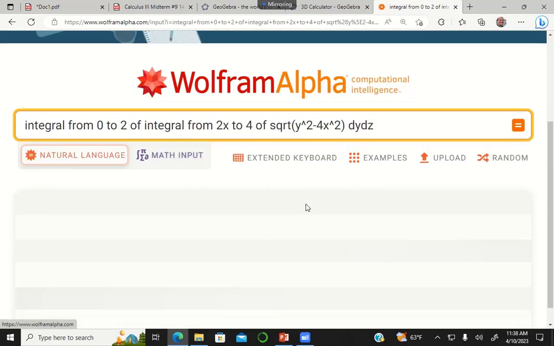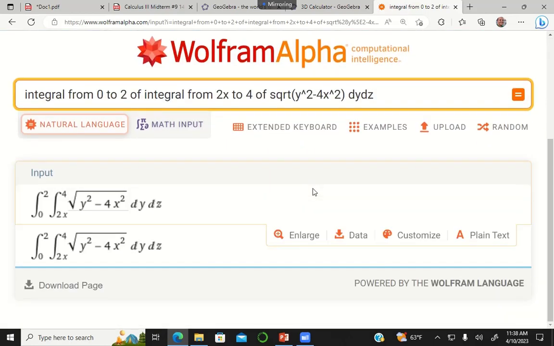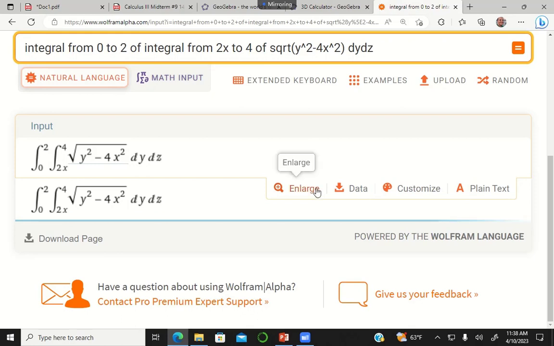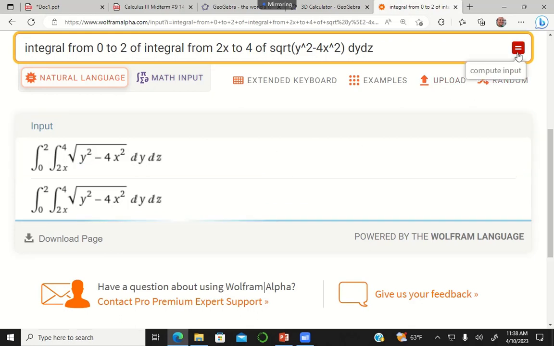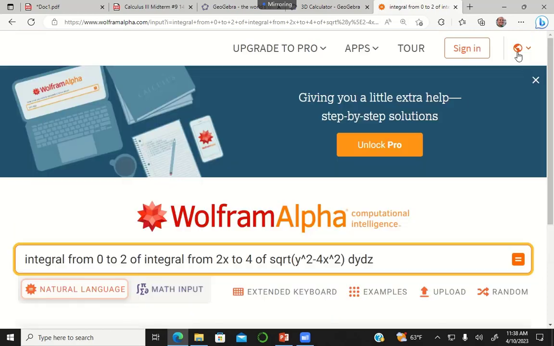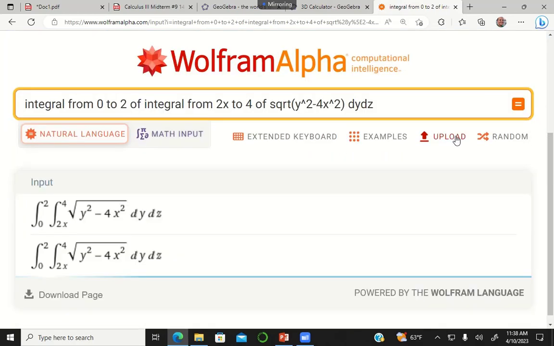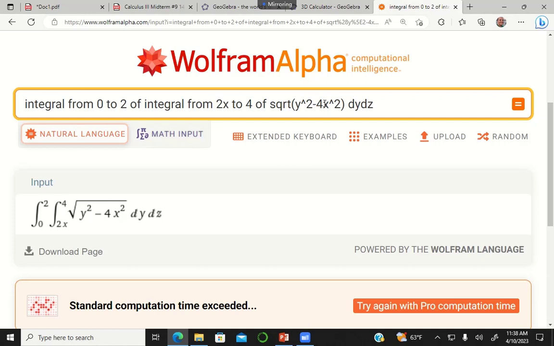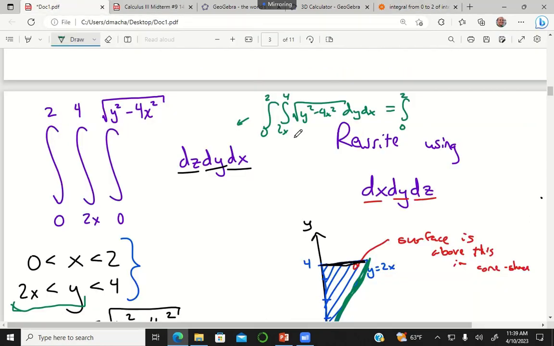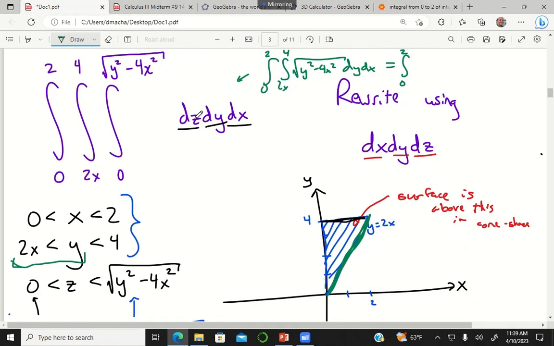Okay, now, man, this is just a show of weakness by Wolfram Alpha. I don't know why they can't figure this out faster. You should have x, y, and z. Maybe ChatGPT.